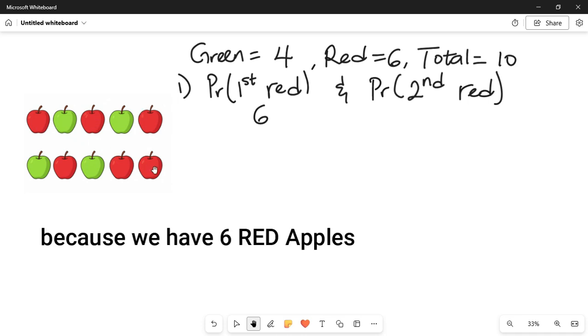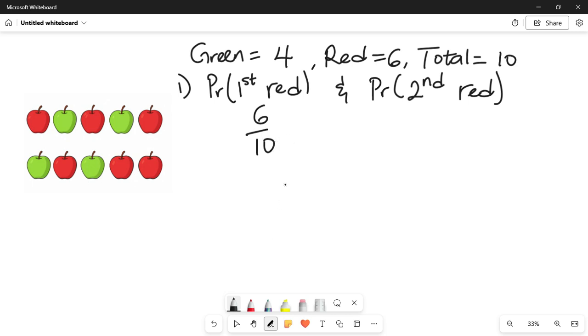If you count, we have 1, 2, 3, 4, 5, 6. So that's 6. Then the total number of apples is 10. And remember under probability, and is always multiplication, or is addition. So and, that's multiplication.